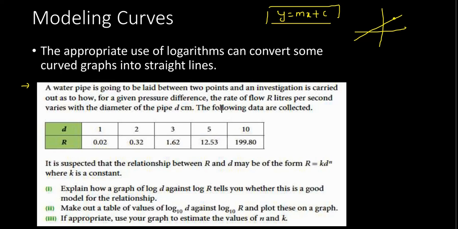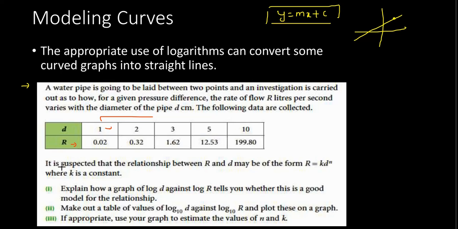The following data are collected: as we increase the diameter of the pipe from 1, 2, 3, 5 to 10, the rate of flow increases drastically from 0.02, 0.32 to 200.